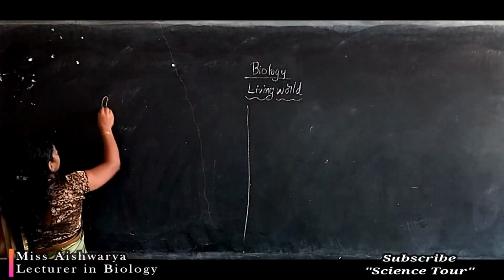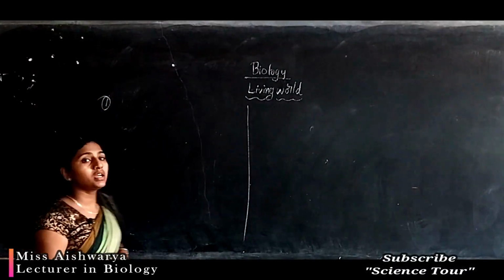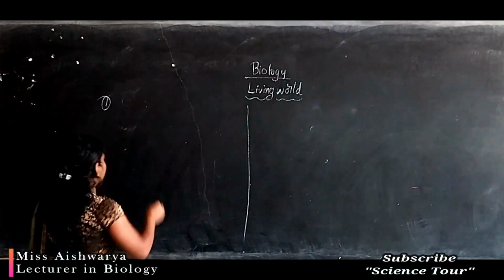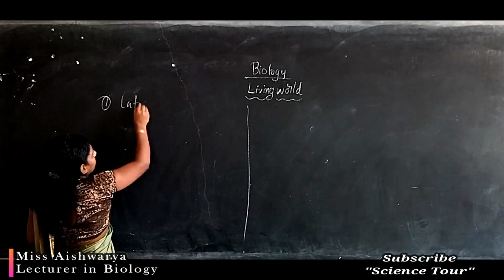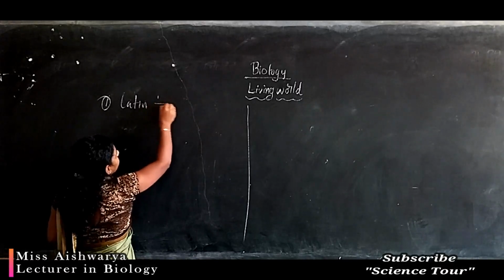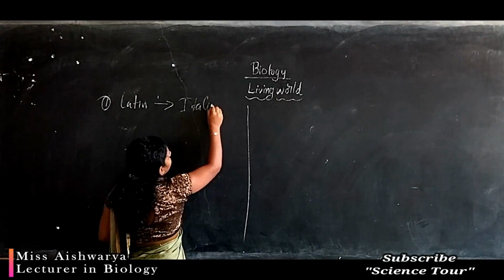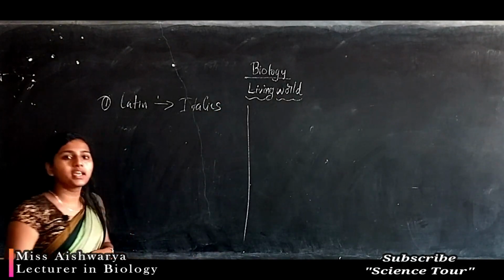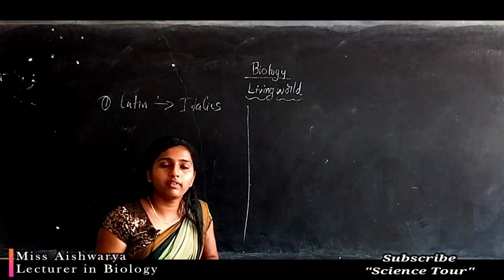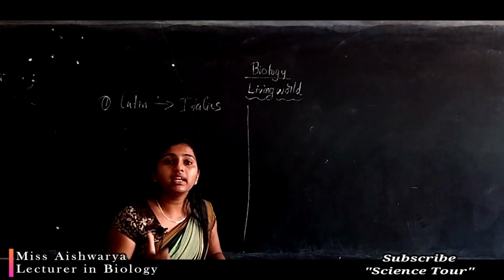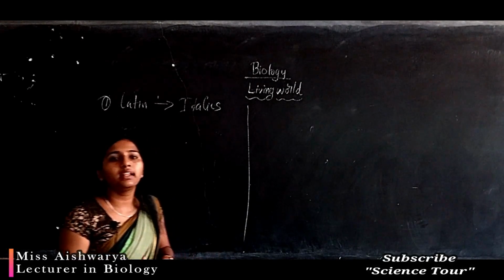The first point is the scientific name should always be in the Latin language. It should be written in italics and the word should always be Latinized. Either it may be Latinized or derived from a Latin word.